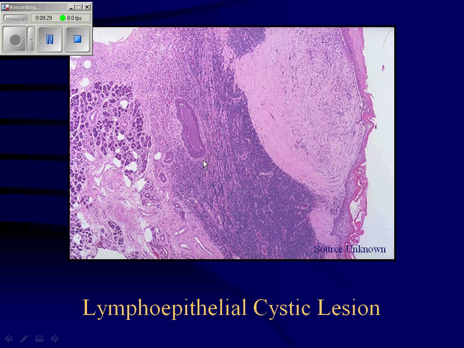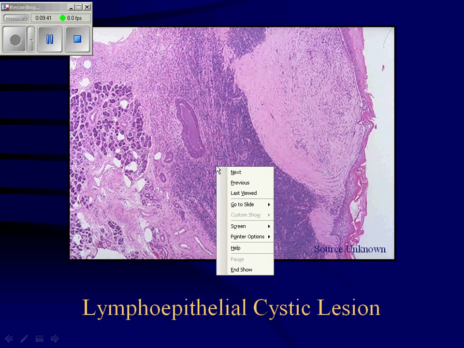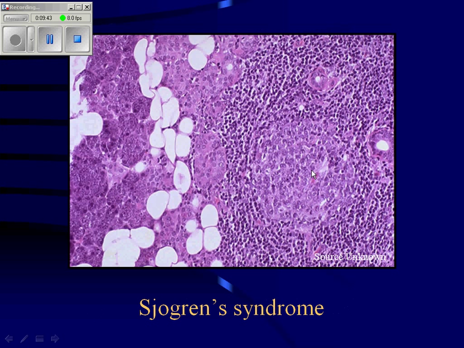And this is supposed to be your lymphoepithelial cyst lesion. You can see it's attacking ducts there, and there's also growth in here. This is the oral cavity, probably right here. But usually if you get close to it, you can see that it's attacking ducts. Sjogren syndrome tends to look like this, but it usually also has a prominent plasma cell component.